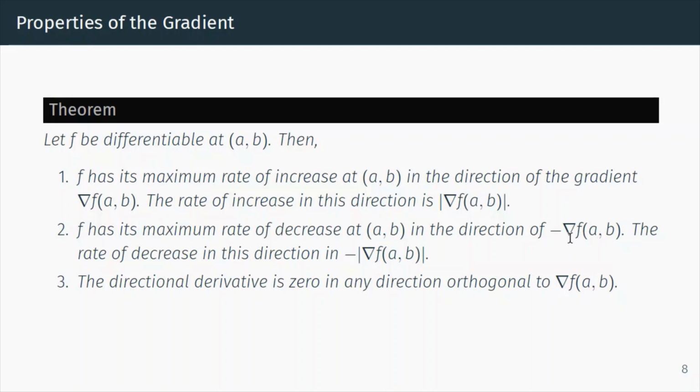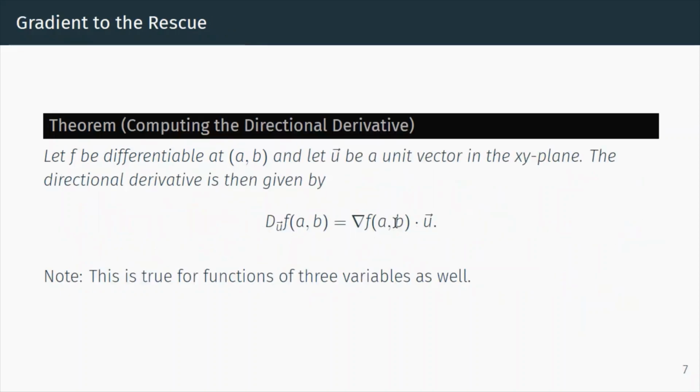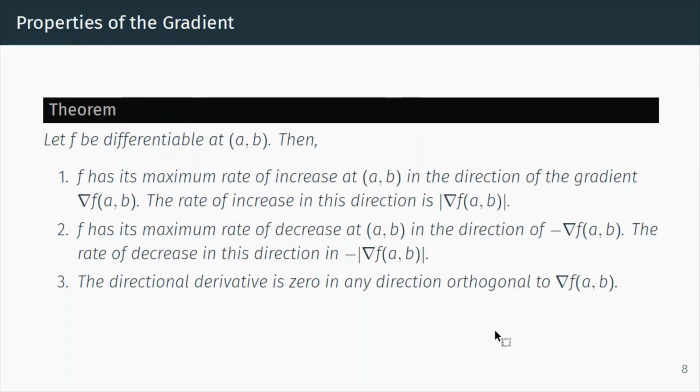Opposite to the gradient, so in the backwards direction of the gradient, you get the maximum decrease. And what's interesting is if you go orthogonal to the gradient, the directional derivative is 0. And that should make sense because if you're orthogonal to the gradient, this dot product will be 0. So that makes sense why the directional derivative is always 0 orthogonal to the gradient.